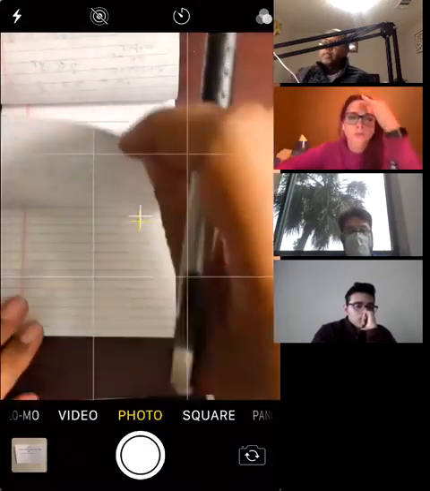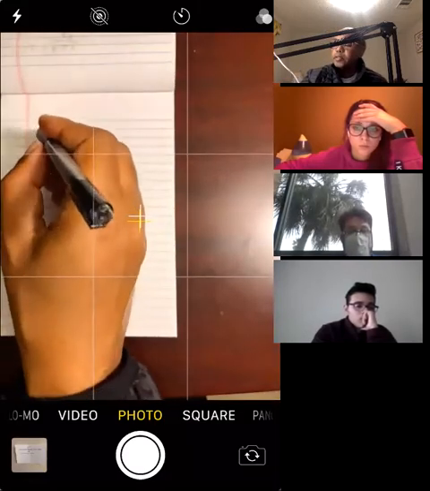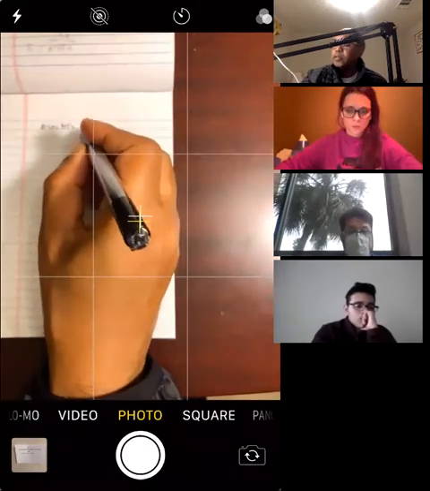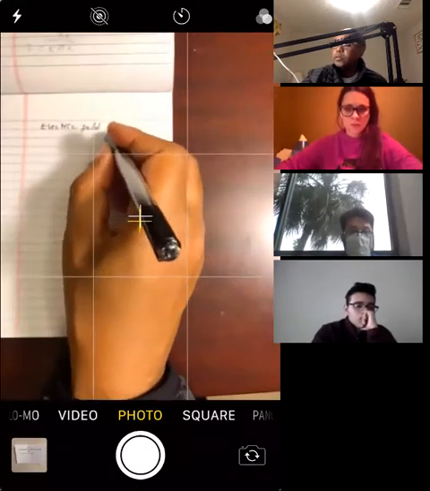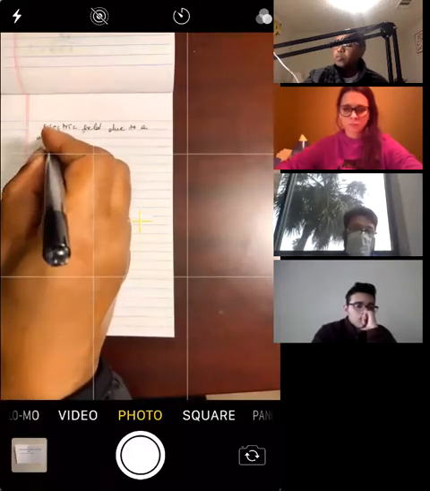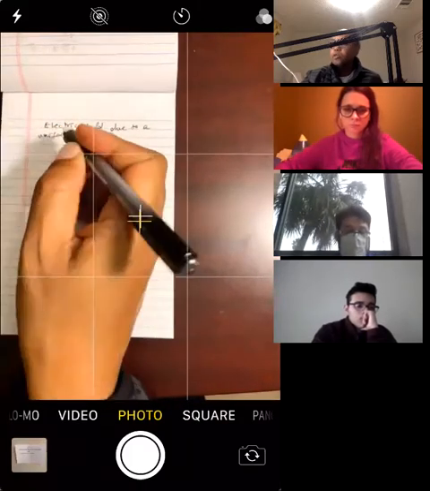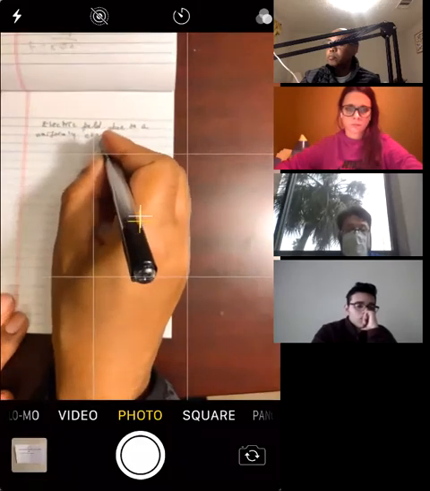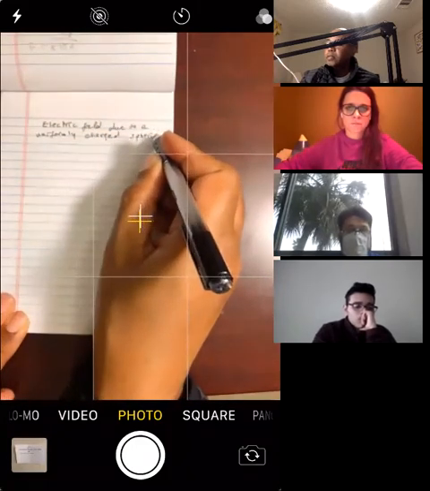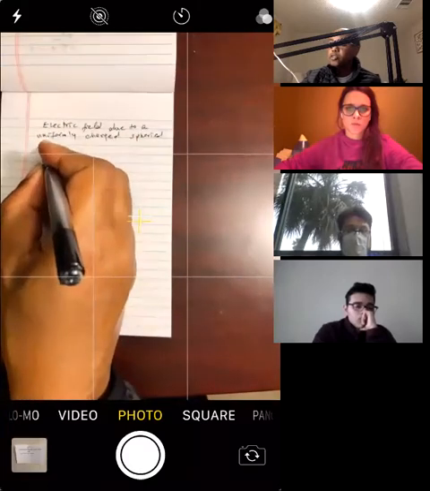Now we're going to look at electric field due to a uniformly charged spherical shell. That means there's nothing inside. This is just a shell.